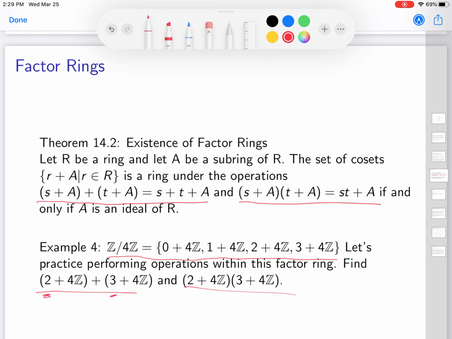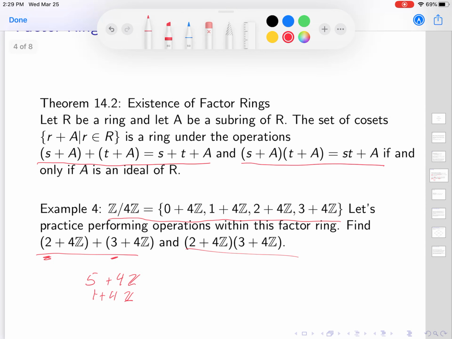For addition, we'd add 2 and 3 together, and we'd have 5 plus 4Z. But what is that really equal to? That's really equal to 1 plus 4Z. And with our multiplication, we'd be doing 2 times 3, and we'd have 6 plus 4Z, which is really just 2 plus 4Z.